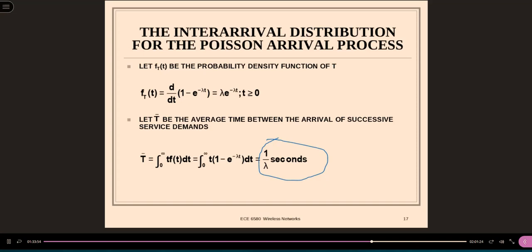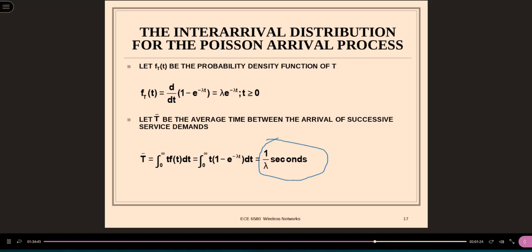Okay. All right, so with this assumption that the traffic arriving at a service point is Poisson distributed, and if we happen to know the average number of arrivals per unit time, whatever that time is, seconds, minutes, hours, then we can get a complete probabilistic description of the arrival process in terms of the probability of getting a certain number of arrivals in a certain period of time, or the distribution of the inter-arrival time being exponential with an average of 1 over lambda seconds, where lambda is the number of arrivals on average per unit time.